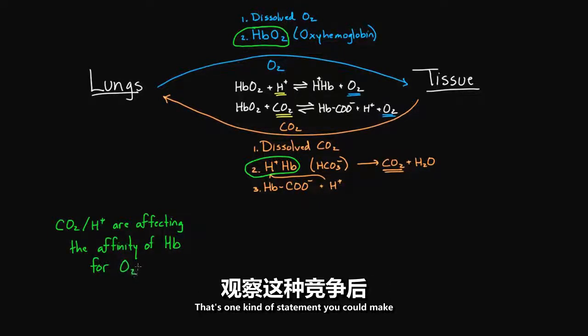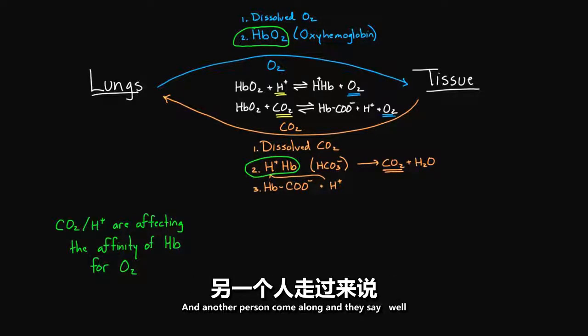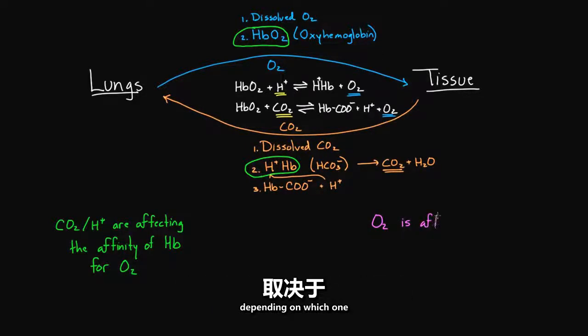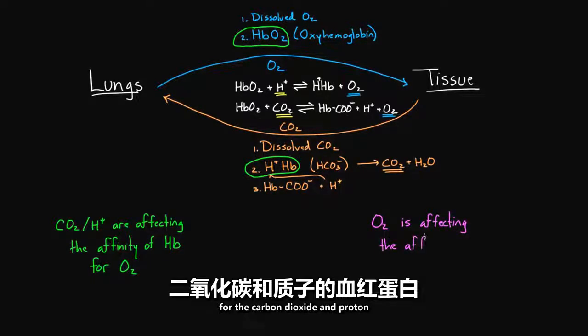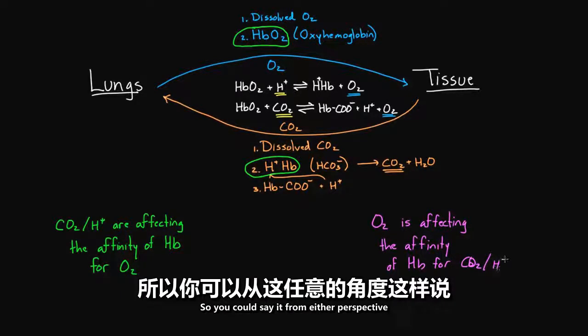That's one statement you could make by looking at that competition. And another person comes along and says, well, depending on which perspective you take, you could say oxygen is affecting the affinity of hemoglobin for CO2 and protons. So you could say it from either perspective.